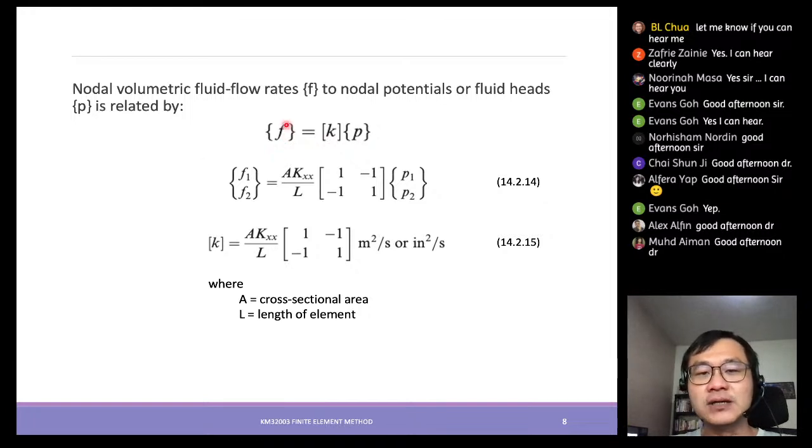You can form the fluid flow instead of force. So the P is the potential instead of the displacement. From there you will form this relationship, so it will be AK over L, whereas for the structural we have AE over L. Something very similar that you will see.